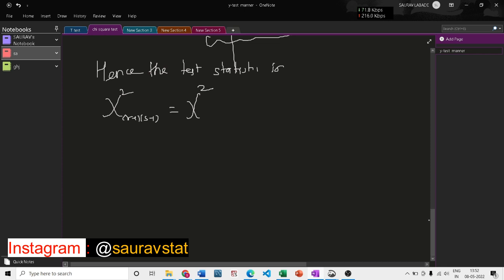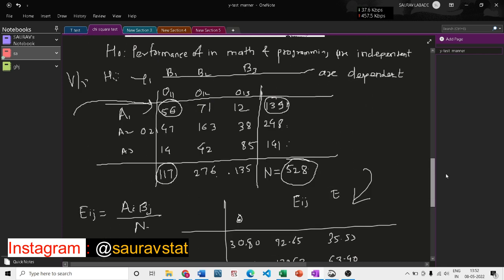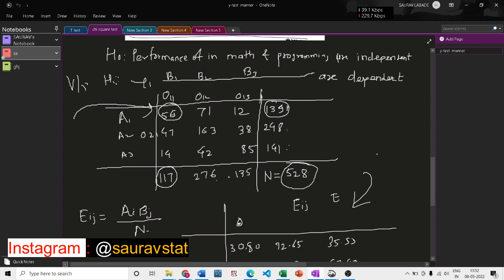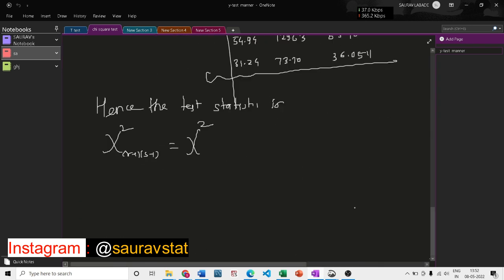Now how many rows are there? Yes, 3 rows and 3 columns, right? So it will become chi-square with 3 minus 1 into 3 minus 1, so that is 2 into 2, right? Chi-square 2 into 2. Okay, so what is the formula then? It is the double summation of Oij square upon Eij, minus n, right?